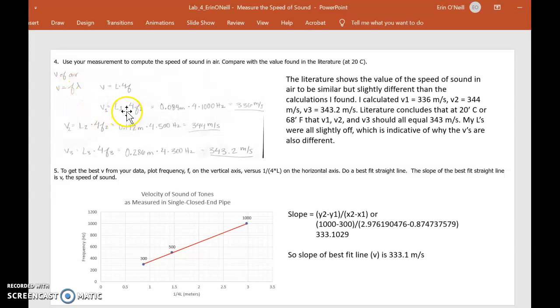In this case, I would plug in the length I measured and then multiply it by 4 times the tone or the frequency. Each time I did this, I got roughly close to 343 meters a second. You can see 336, 344, 343.2, awfully close.